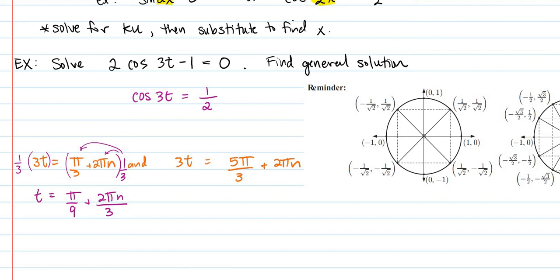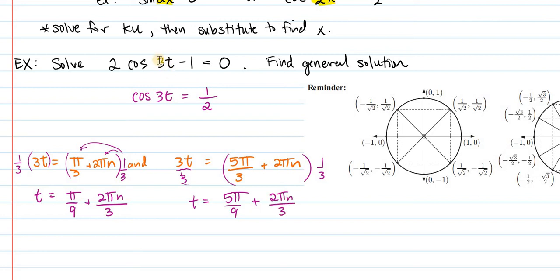So that's one of the answers. The second one, I'm going to do the same thing. Divide by 3 on the left, which is the same as multiplying by 1/3. So I get t equals 5 pi over 9 plus 2 pi n divided by 3.